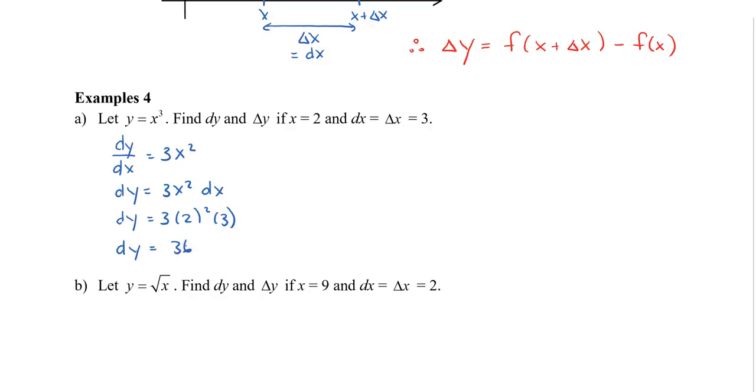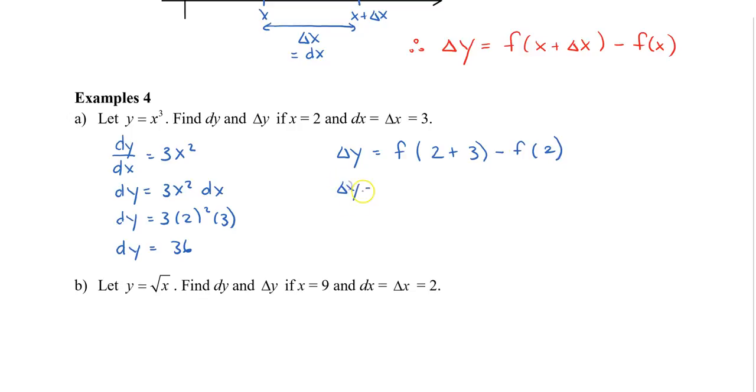Now delta y, remember, is a change. So it's f of x plus delta x minus f of x. It's best to fill in these numbers. We have x, which is 2, and then delta x, which is 3, and then minus f of x, so minus f of 2.